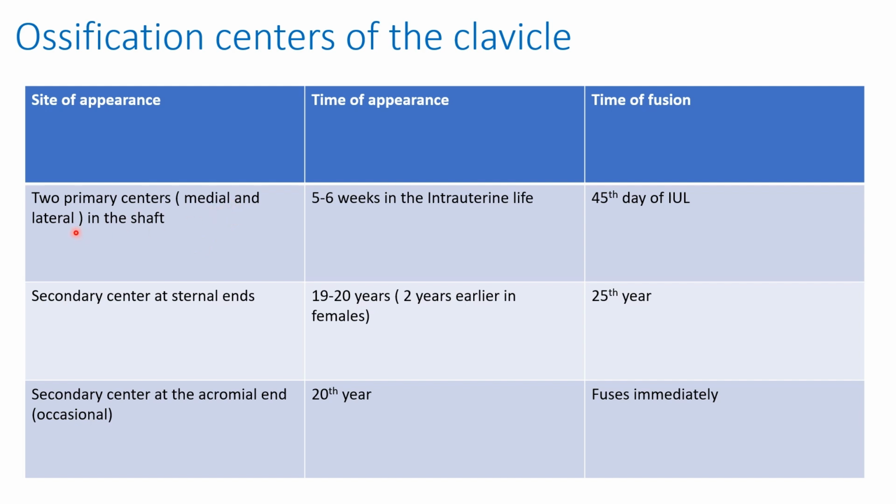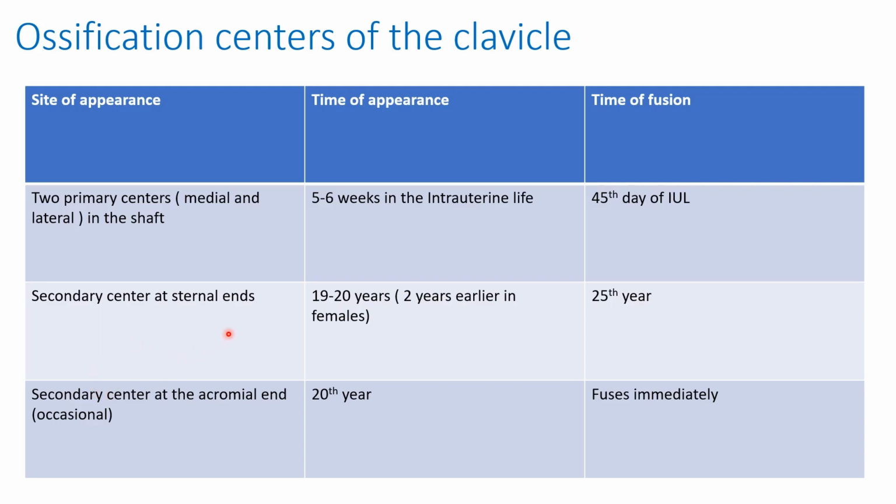For the medial and the lateral parts of the shaft, the time of appearance is the 5th and the 6th week in the intrauterine life. Then the time of fusion is the 45th day of the intrauterine life. So this time of appearance is the reason why we say that the clavicle is the first bone to ossify.